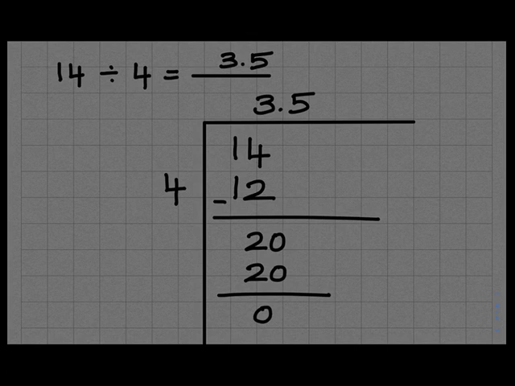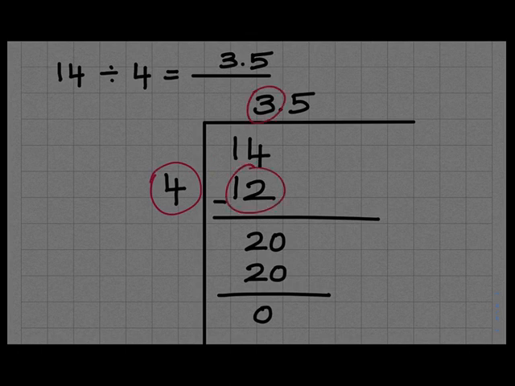When 14 is divided by 4, 14 is the dividend and 4 is the divisor. The answer we get here will be the quotient. Let us see how many 4s go in 14. Yes, 4 times 3 is 12.